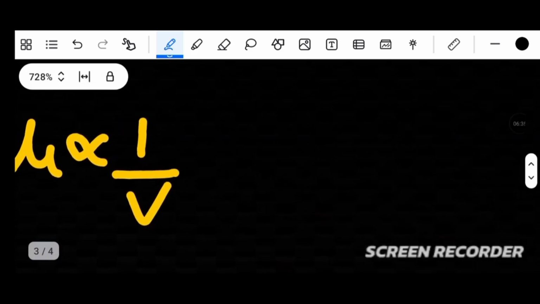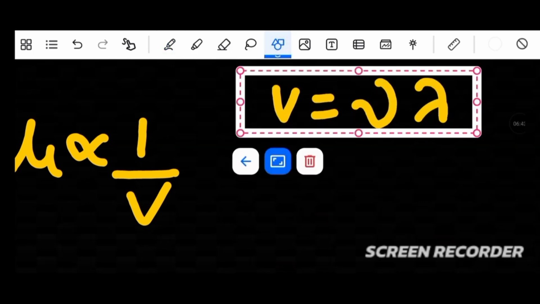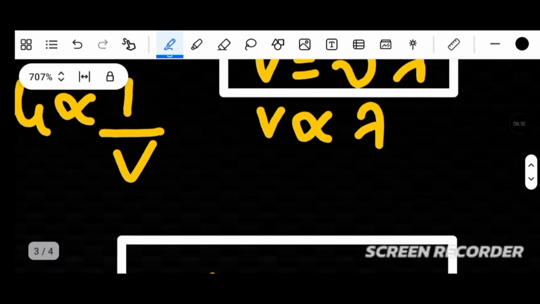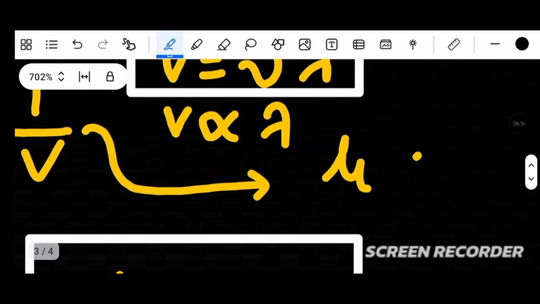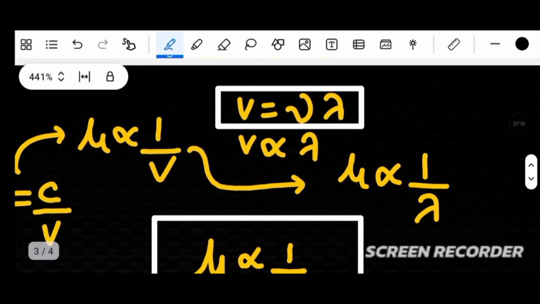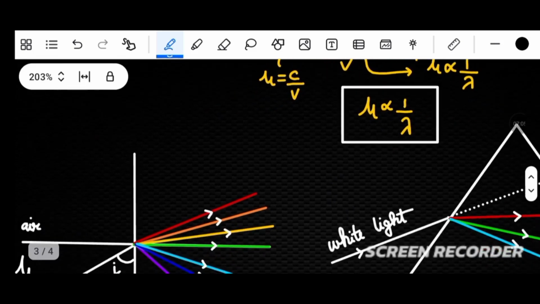But we also know that v equal to νλ, velocity equal to frequency into lambda. That means v is directly proportional to λ, and as a follow up, μ is also inversely proportional to λ, because v is directly proportional to λ. So you got the analogy here.